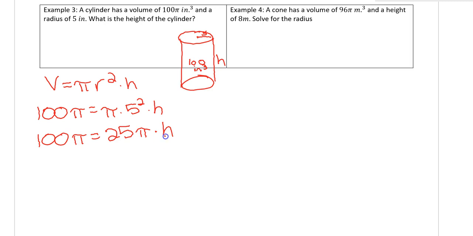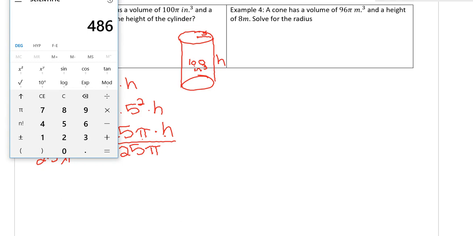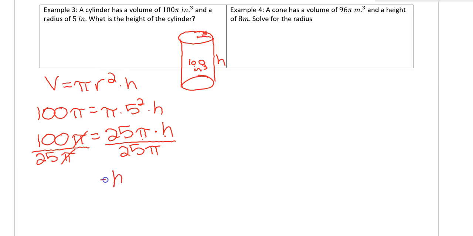Right now, h has a 25 pi next to it, so I'm going to divide by 25 pi. When you have pi over pi, that crosses out just like anything would cancel out. So really my height here is 100 divided by 25. And my height is 4 inches.